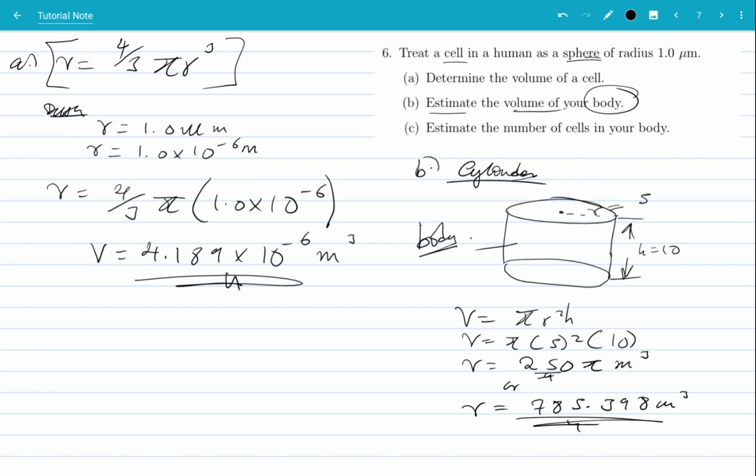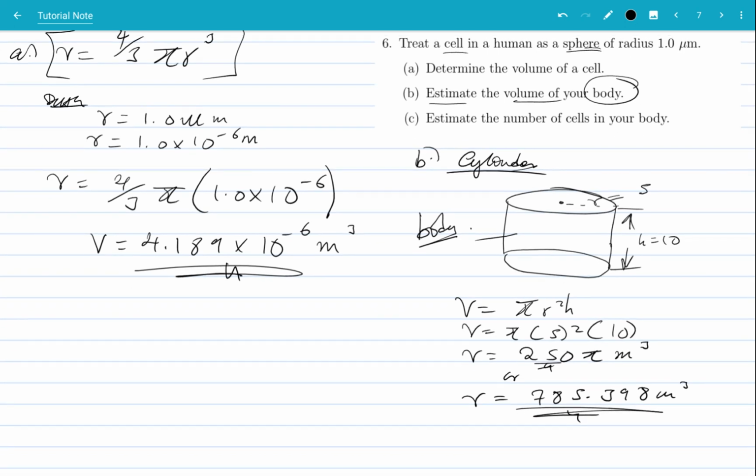Either way, we're speaking the same language. So that's the volume of the body that I've decided. You can literally pick any values here as your radius or height, any of your choice. If you want, you can go for a rectangle. You could say L times B times H, then try and guess values and find the volume. Okay, the whole issue here is just to find the volume of any body, because it's not so really specific here.